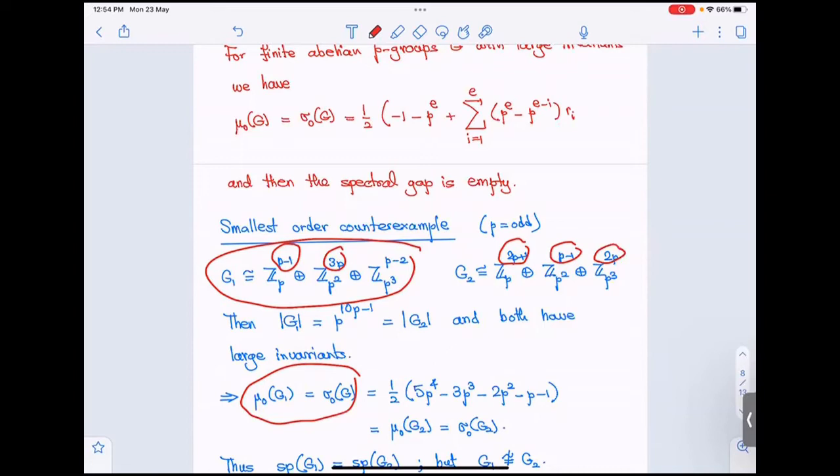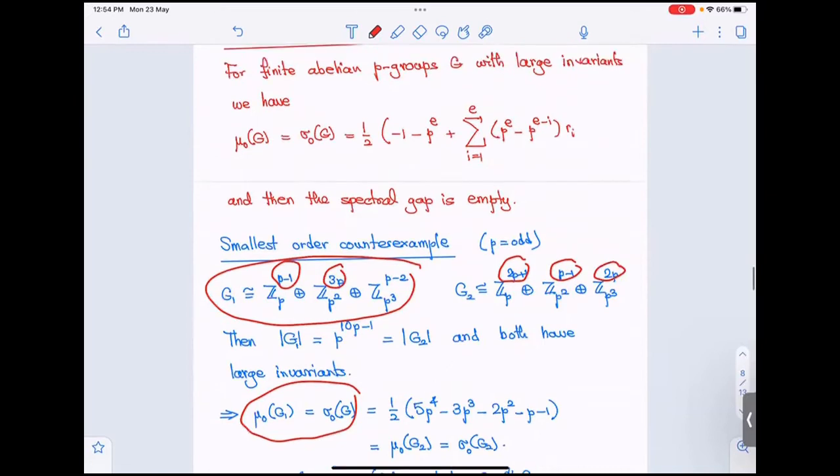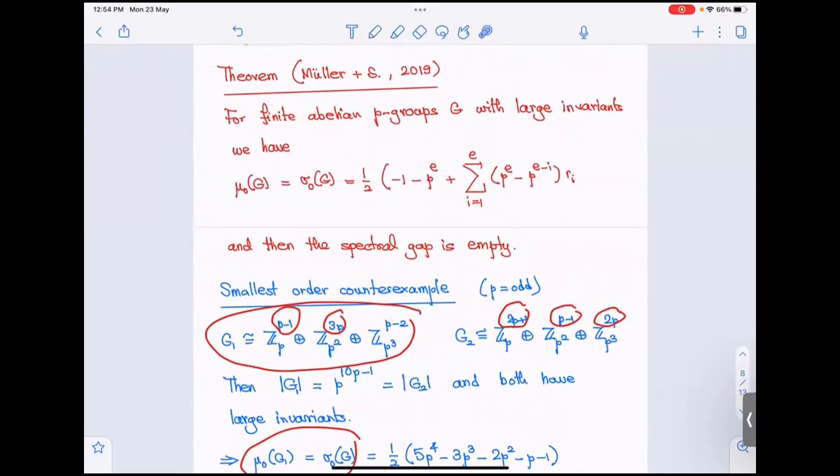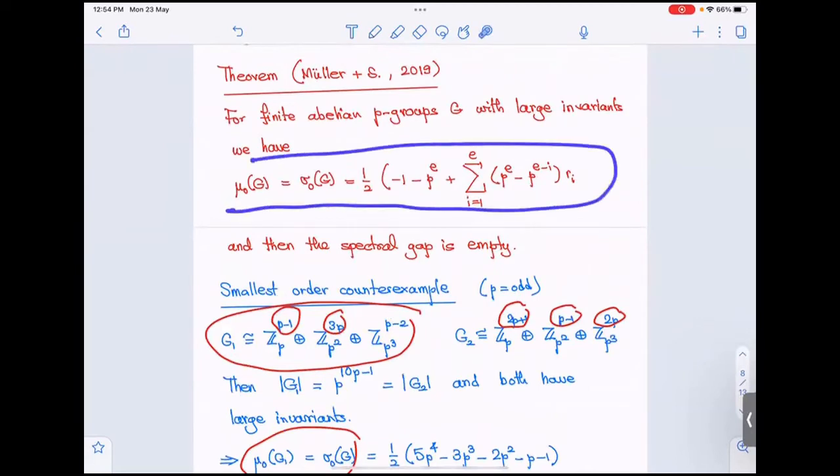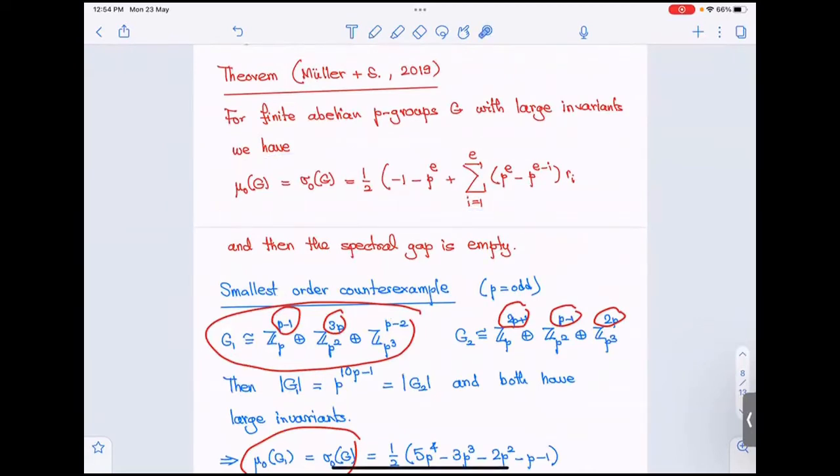I won't give a proof, but some idea of why it happened is that you try to look at something like this and try to find, fixing a p, how can you solve this equation with respect to R_i? So fix your p, fix your E over here, and this i runs from 1 to E. Again, all these coefficients are fixed. Then you try to solve these for R_i with a constant.